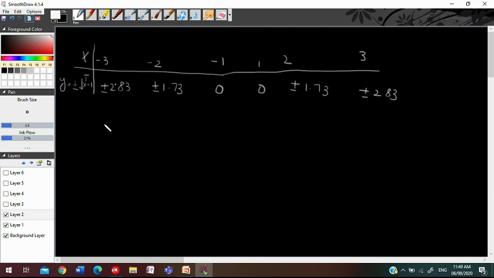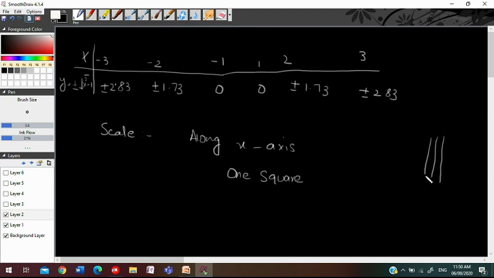Okay, now for scale, whenever you decide the scale along x-axis, 1 square means in your graph paper you have this type of a graph paper, right? Now 1 square is equal to 1 unit.